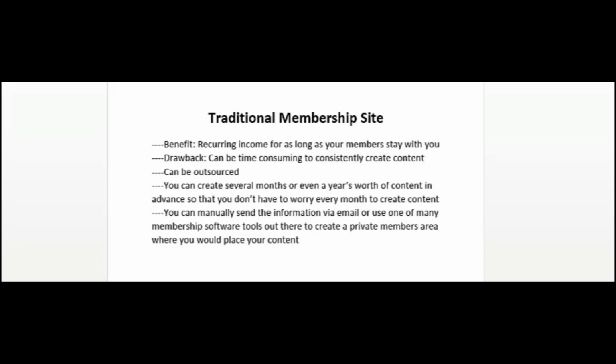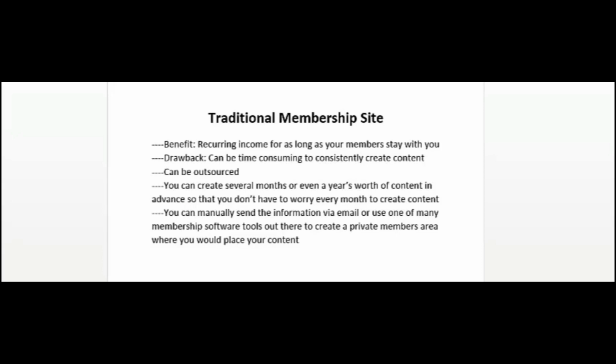Now, of course, there are some drawbacks to having a traditional membership site. One of the main ones is that it's time consuming to consistently create content for your members. There are ways around this. You can outsource the content.